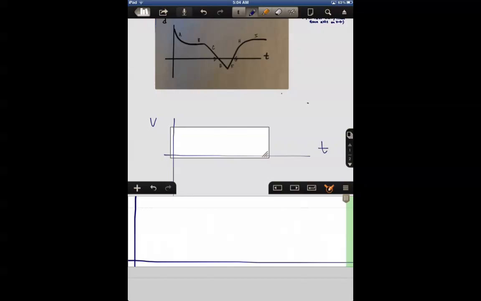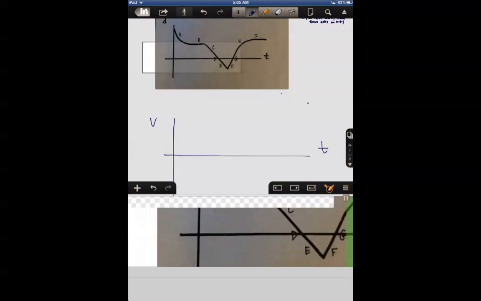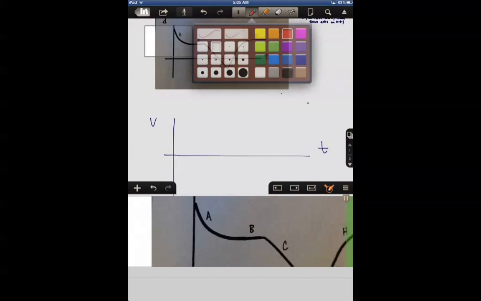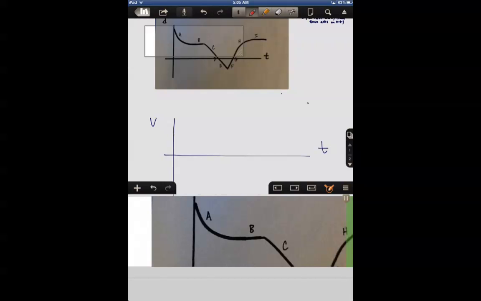Okay. So when I look at this first stretch A, I see that I have a line that is negative in slope. So I'm going to have negative velocity, so I will be below the time axis on the velocity graph.